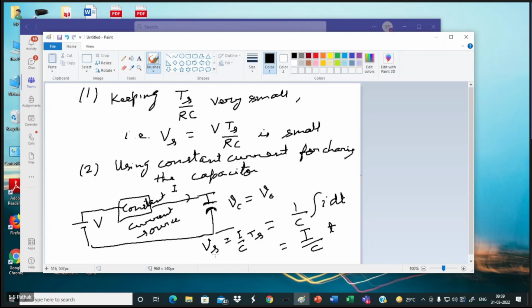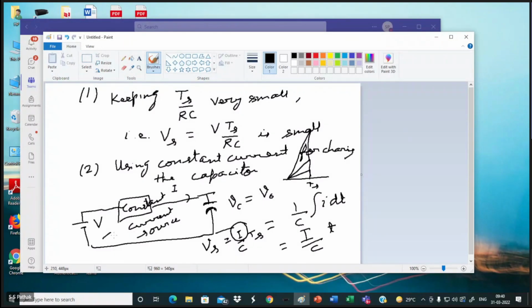So I can make a sweep like this for this Ts. I can make a sweep like this. I can make a sweep like this, depending on the change in this constant current source. Voltage V and this constant current are accordingly designed.